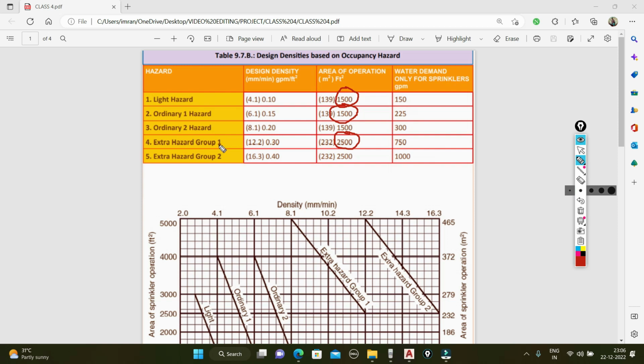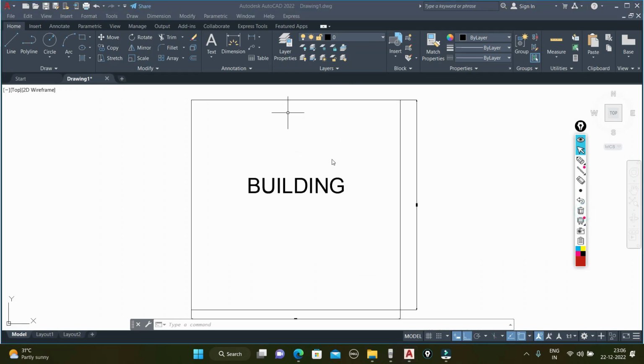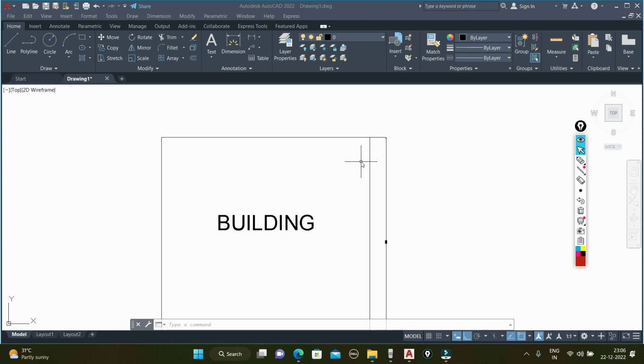Okay, so now, for extra hazard or light hazard, we will consider this 1,500 square feet for designing. If this is 10,000 square feet, we will consider only this.